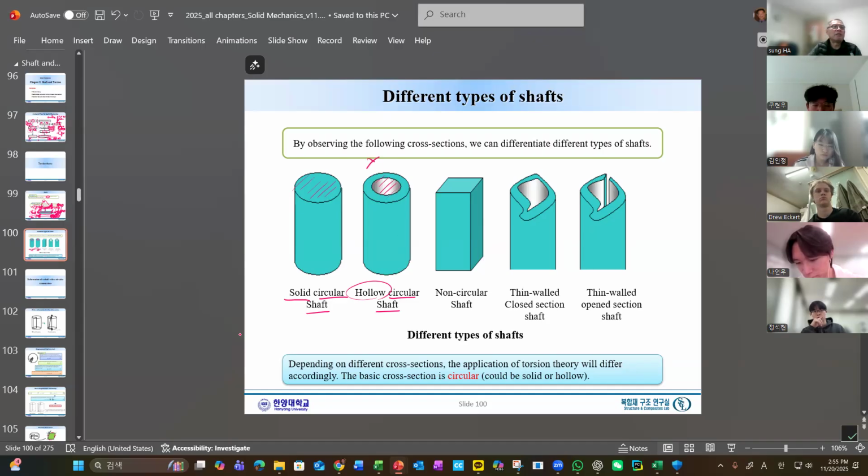This one is the most important structure in shafts, and we will understand why. It is much more important than this one, because the outside is much more effective than the inside. The inside doesn't do much. It's very similar to bending. Say we have a full cross section like that in bending, but it is not efficient.